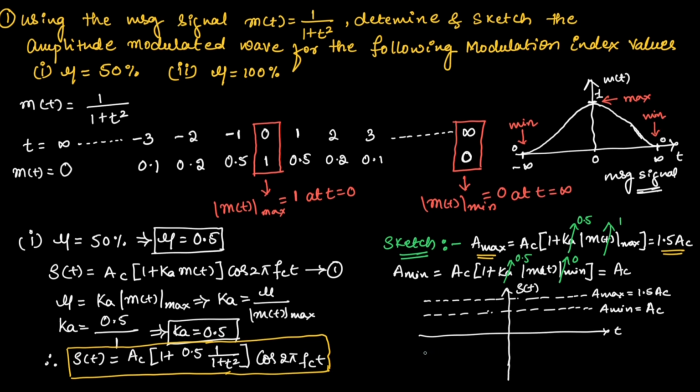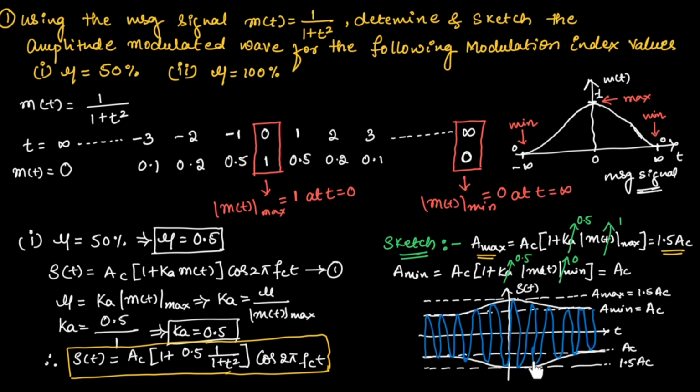Similarly, in the negative half, it will be AC and 1.5 AC. So maximum value at t is equal to 0, minimum value at t is equal to infinity. So the waveform will be like this. So this is the AM modulated wave for mu is equal to 0.5.